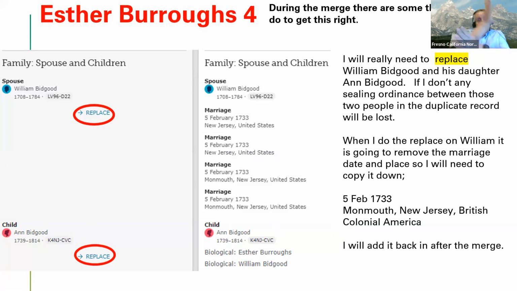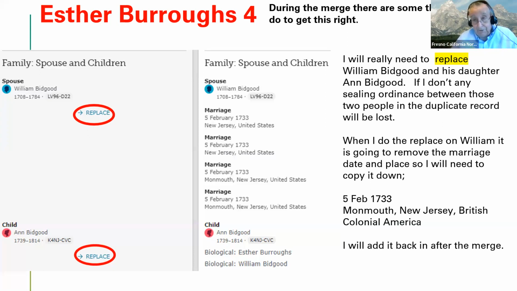I could switch sides, but sometimes it won't let you switch them, so that I could bring over the William Bidgood that has all the marriage stuff. That generally results in having a real messy record when you look at the change log with all kinds of changes that didn't need to be done.